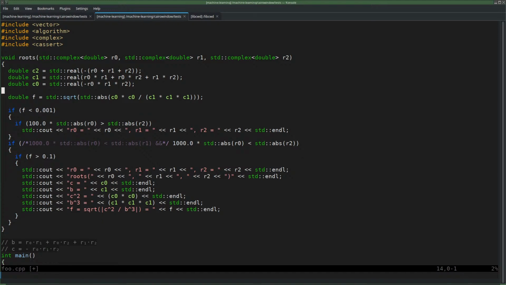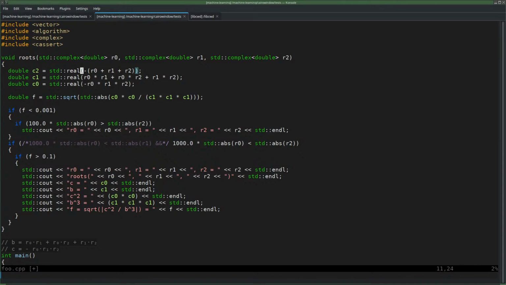Okay, so now we are here, and now we can calculate the coefficients, C2 and C1 and C0. And the standard rule here is to make it a double, since you can't otherwise convert it.